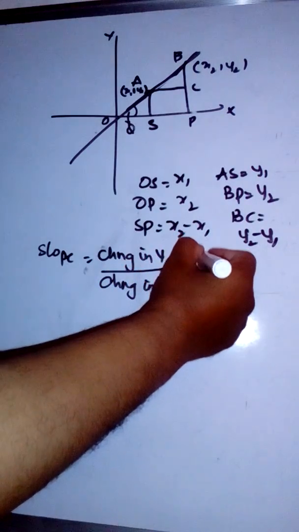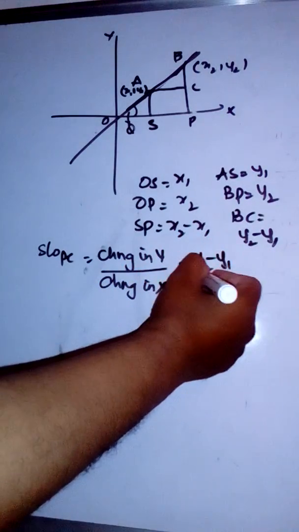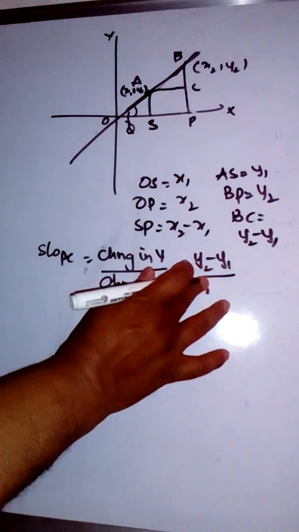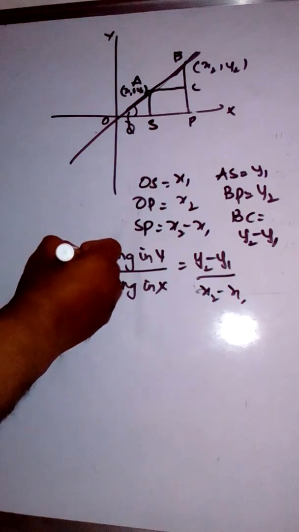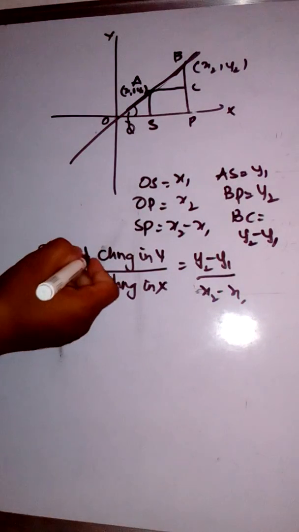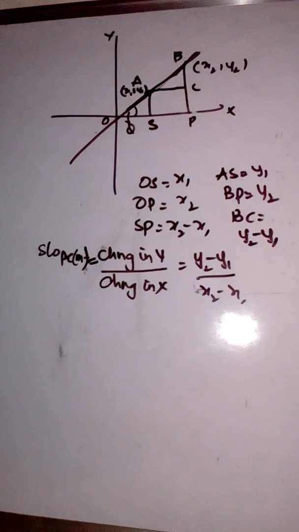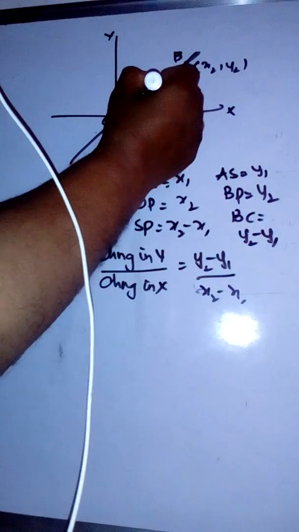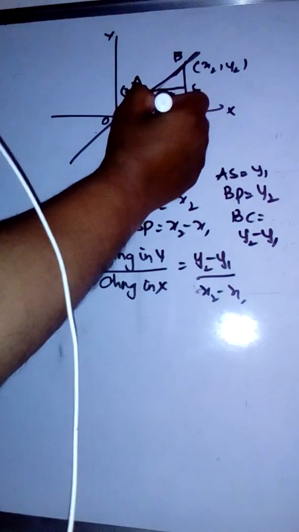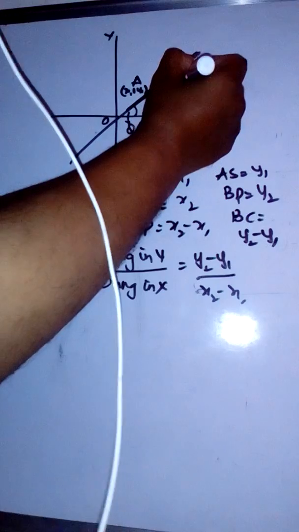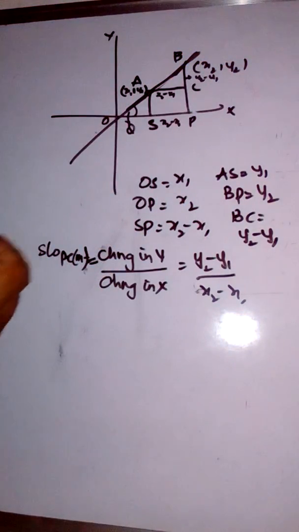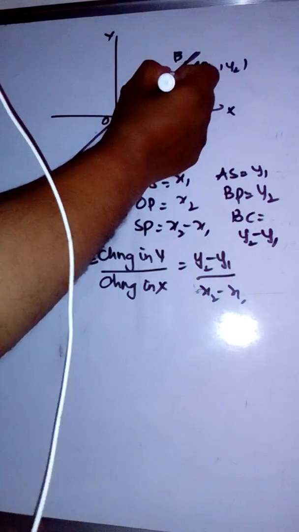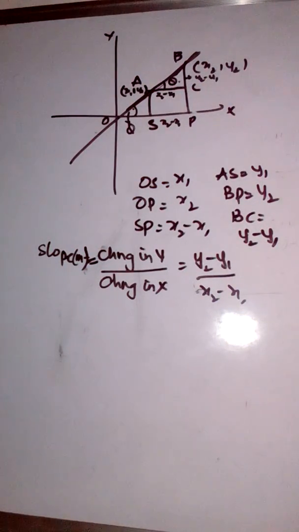Okay, so now we already know that slope is equal to change in y by change in x, that is equal to y2 minus y1 by x2 minus x1. Slope is denoted by m. Now you would have seen in trigonometry, AC is x2 minus x1, since SP is x2 minus x1, and BC is y2 minus y1.